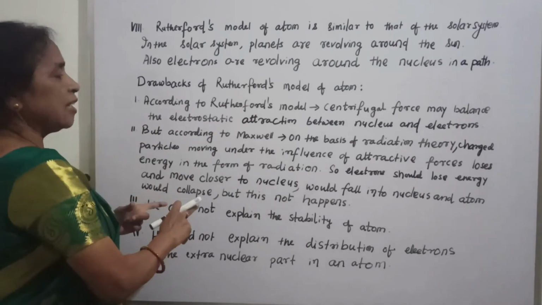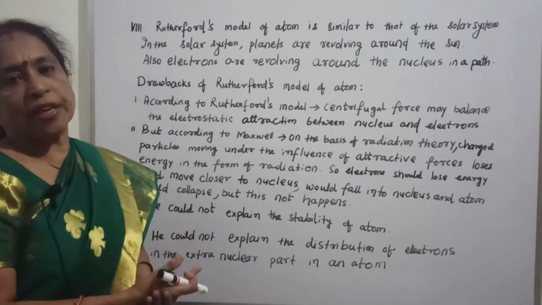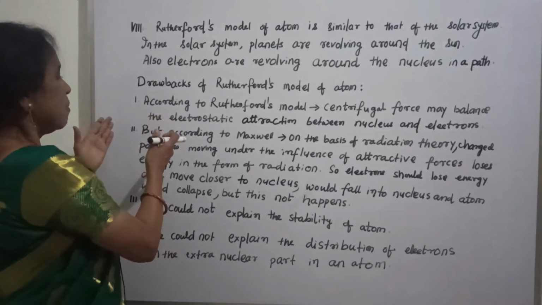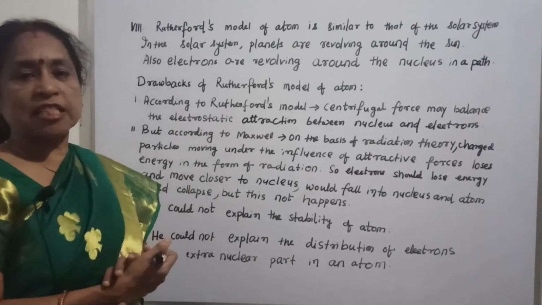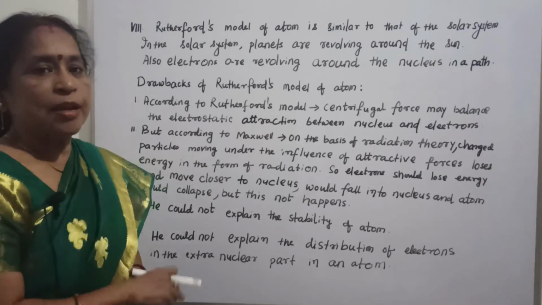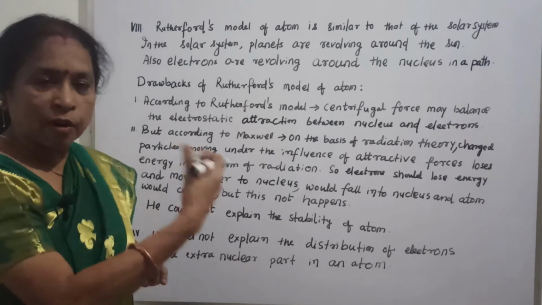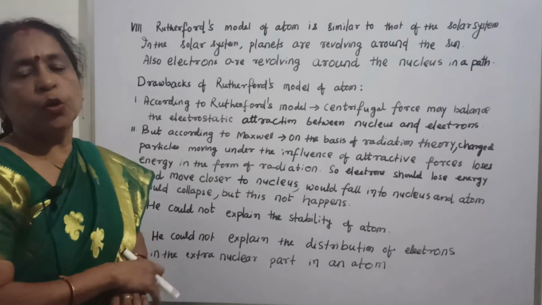If the electrons lose energy, then what happens? According to the scientist Maxwell, according to his radiation theory, if any charged particle moves under the influence of an attractive force, it will lose energy.